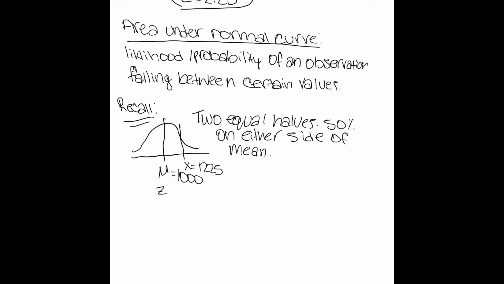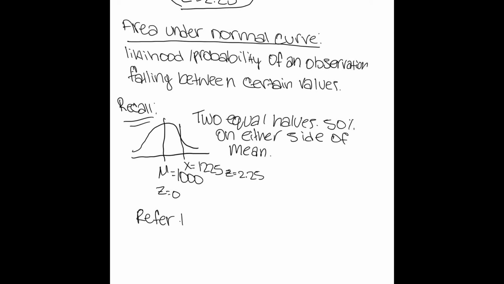Okay, so we always want to make sure that we're drawing the graph whenever we're looking at that, just to make it a little bit easier for us. So at the mean, we always have a z-score of 0, and recall that we solved for a z-score of 2.25 in that last example.